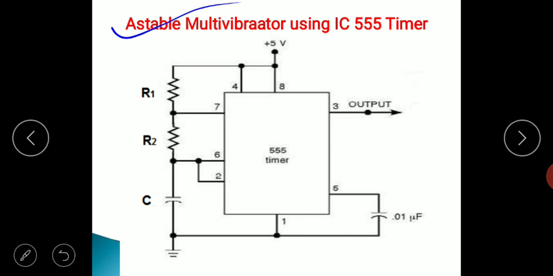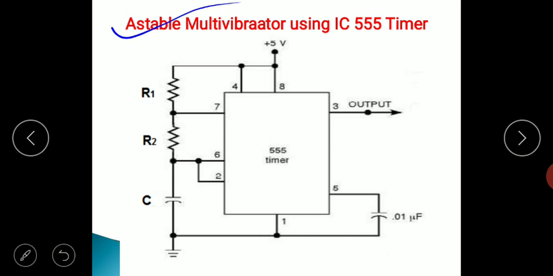Basically, a multivibrator can be operated in one of 2 modes, called astable multivibrator and monostable multivibrator. As the name itself indicates, astable means there is no stable state. The output continuously goes on changing, and it will not enter into any stable state.